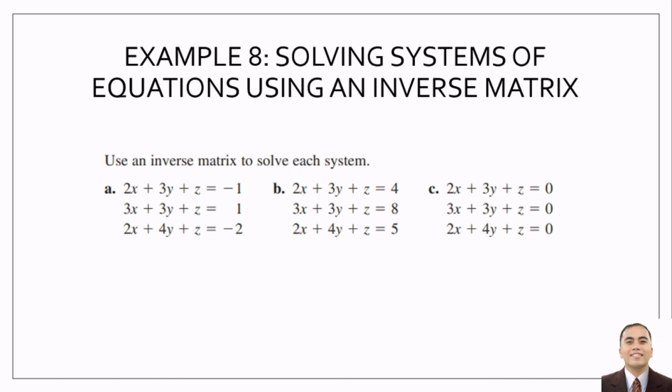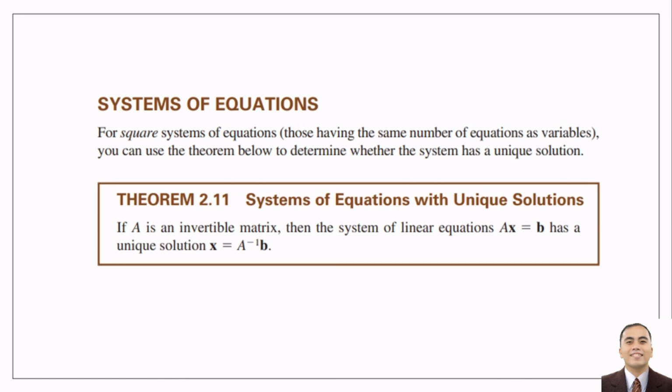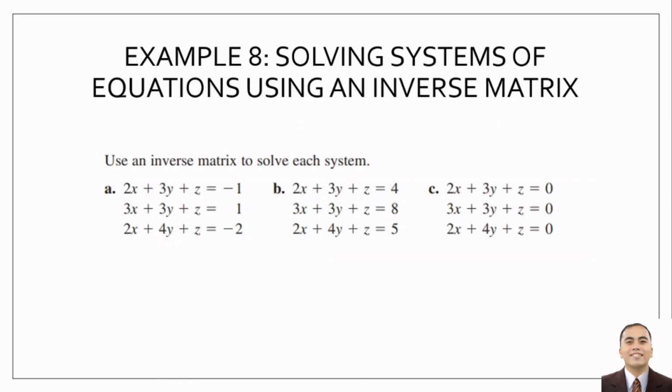Here is example number 8, applying the theorem on systems of equations with unique solutions. Letter A, we have the system 2x plus 3y plus z is equal to -1, 3x plus 3y plus z is equal to 1, 2x plus 4y plus z is equal to -2.